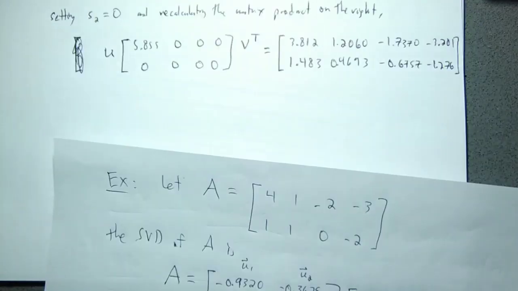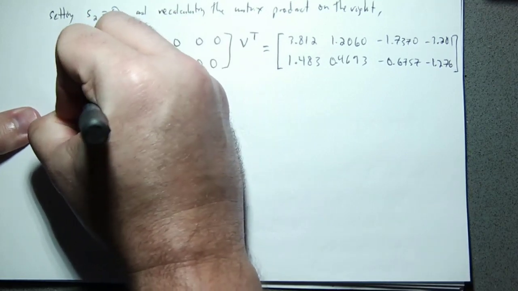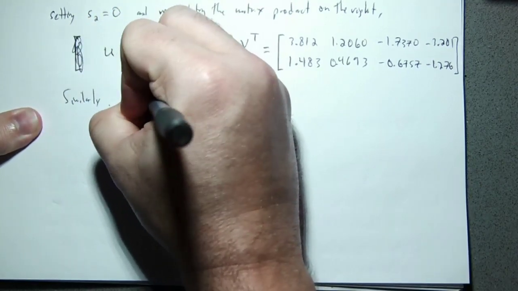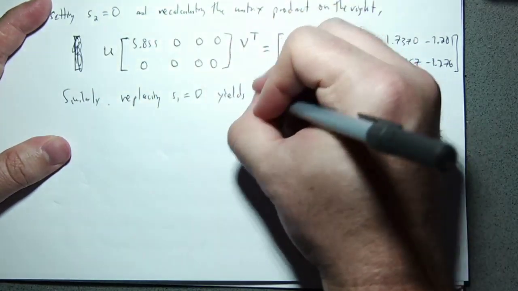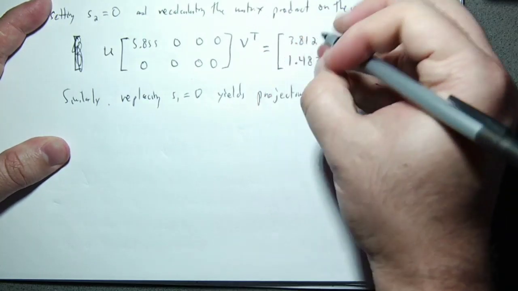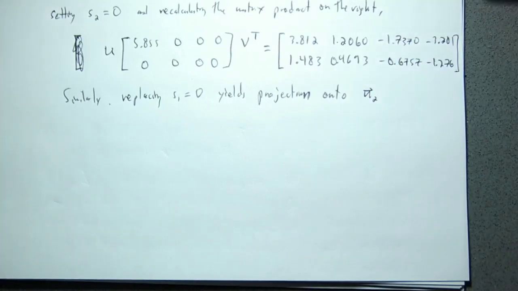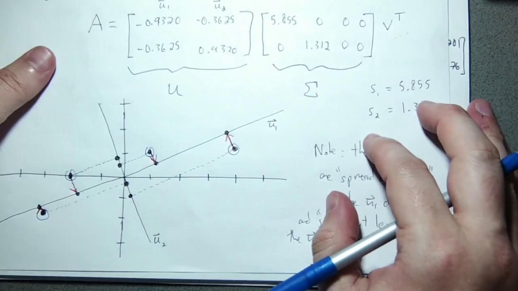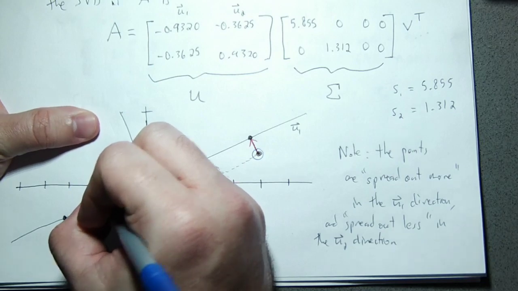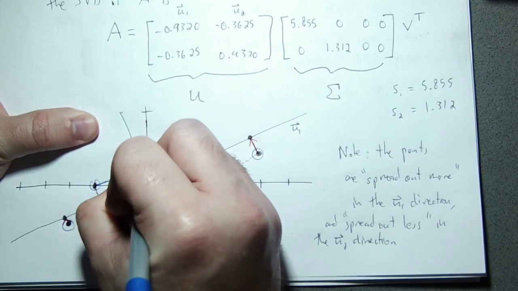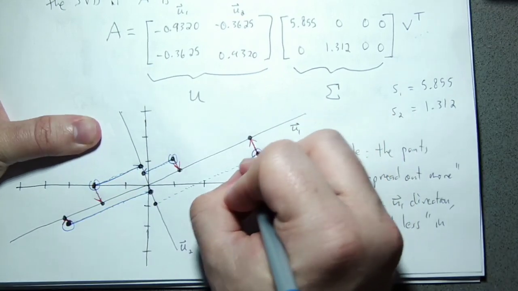Similarly, replacing S sub 1 with 0 yields projection onto U sub 2. Sorry, S sub 1 was 0, so this action is projecting these points onto U sub 2.